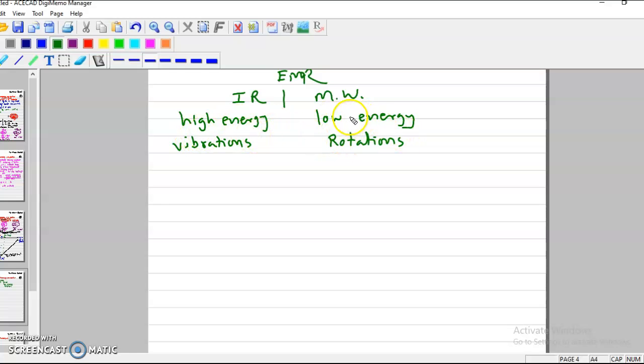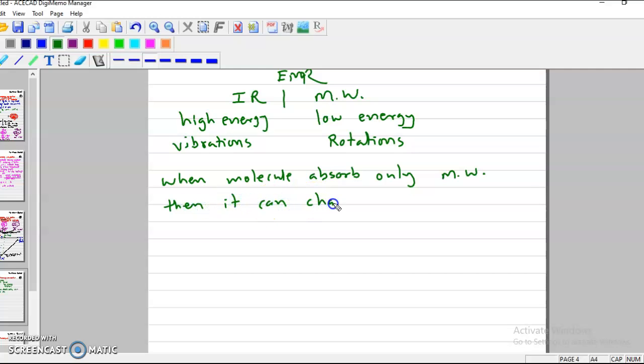So here, when a molecule absorbs only microwave, then it can change only rotations of the molecule.